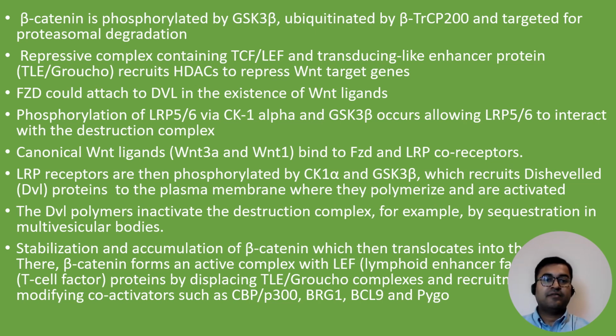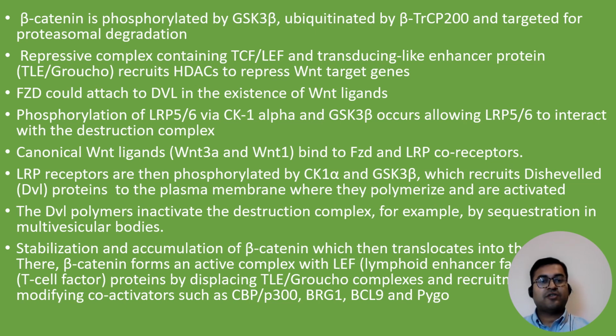The activated polymerized disabled protein is going to sequester the destruction complex in the multivesicular bodies, and this will lead to the free beta-Catenin to go into the nucleus.